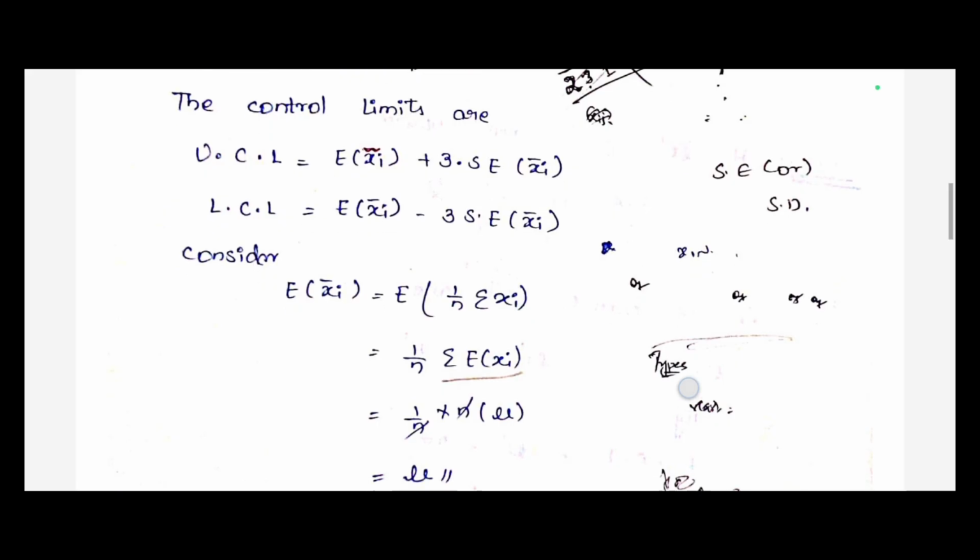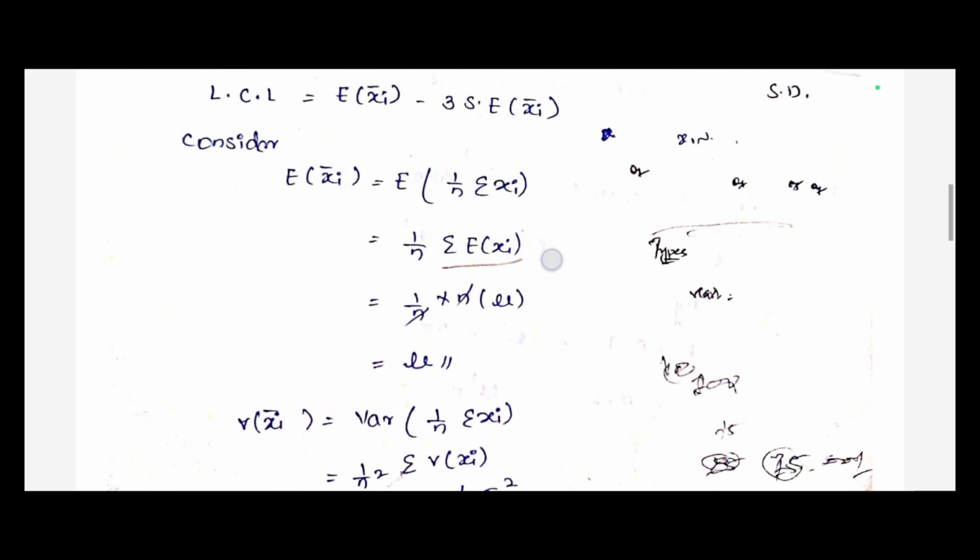The expected value of x bar is the expectation of 1 divided by n summation xi. The 1 divided by n comes out of the expectation, and the summation remains, giving expected value of xi, that is mu.